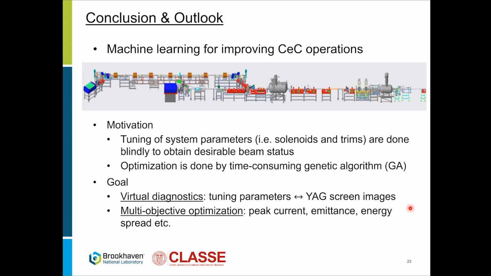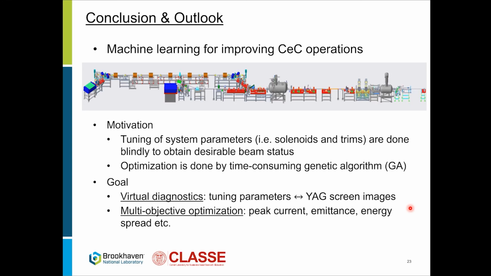Any optimization is done by the genetic algorithm, GA, which is very time consuming. So our first goal for a machine learning algorithm is to develop a virtual diagnostic scheme, which can provide a mapping between the tuning parameters and any diagnostic YAG screen image, so we can have a tuning algorithm that will tune to get a good beam automatically.